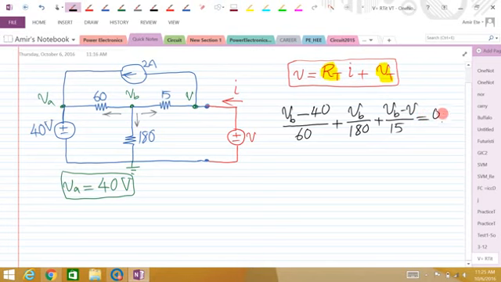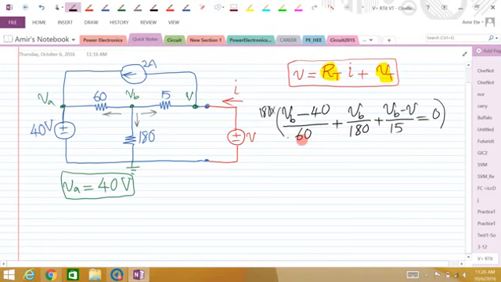So before going any further, I would like to get rid of these denominators here. So what I can do is multiply both sides of the equation by 180, then these denominators will go away and I will have a simpler equation to work with.